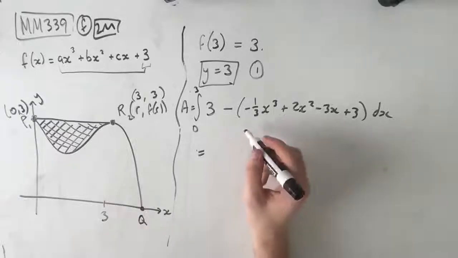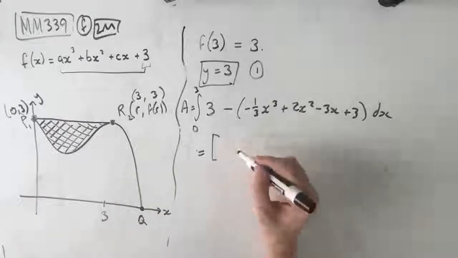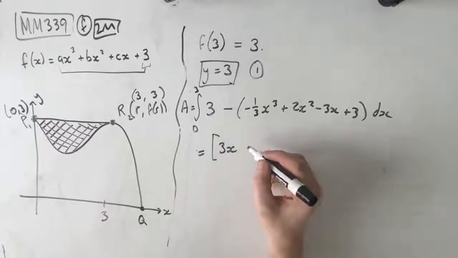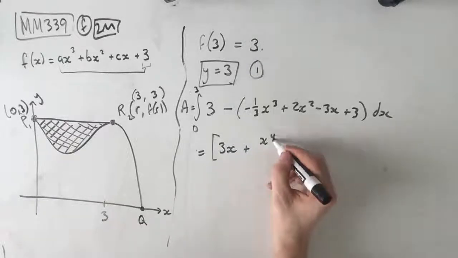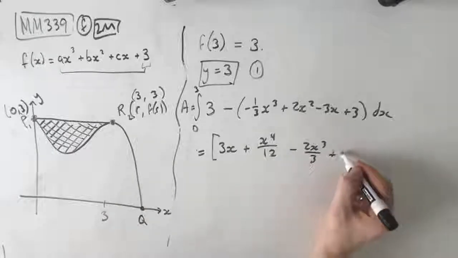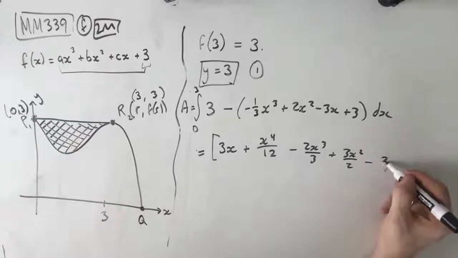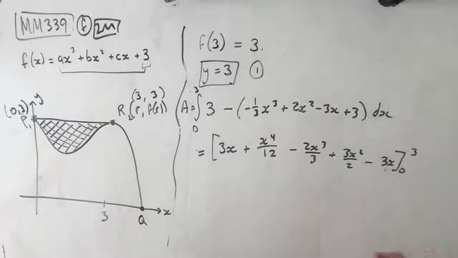Awesome. So what we're going to get is then 3x plus x to the 4 over 12 take 2x cubed over 3 plus 3x squared, onto minus 3x, from 0 to 3.